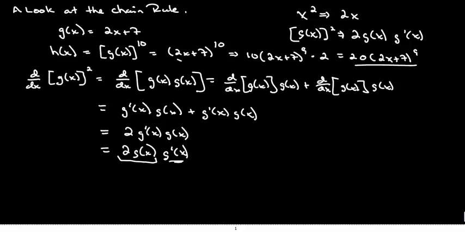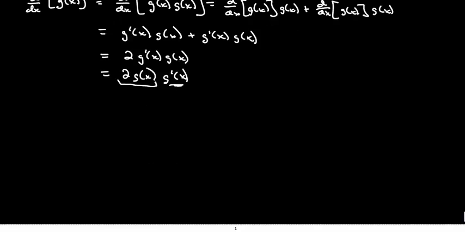Now, we can also apply the same rule for differentiation if we have a higher power. So now watch. What if I have d/dx of f of x to the 3rd power?